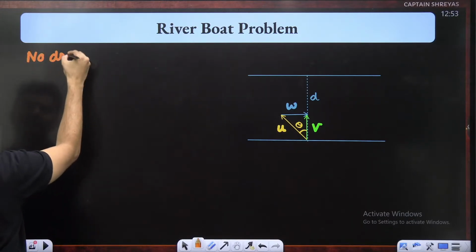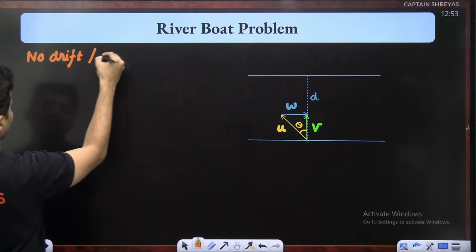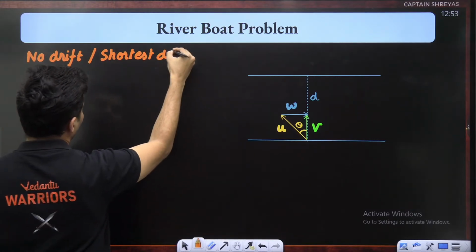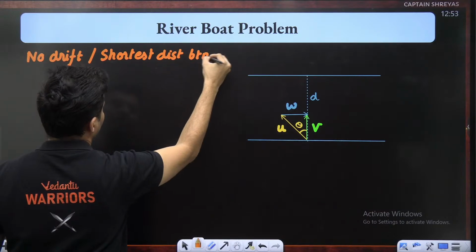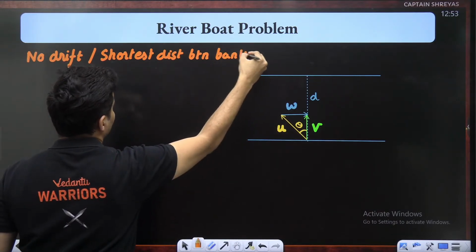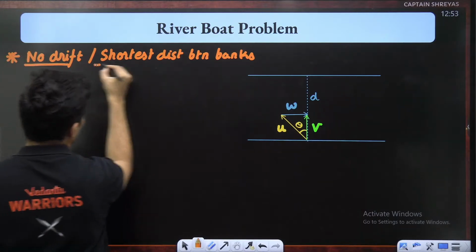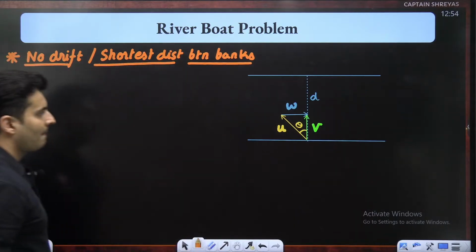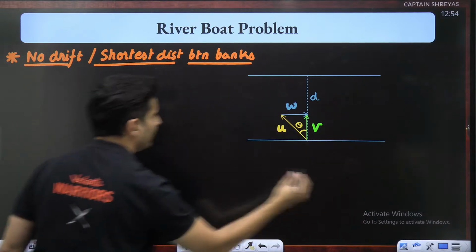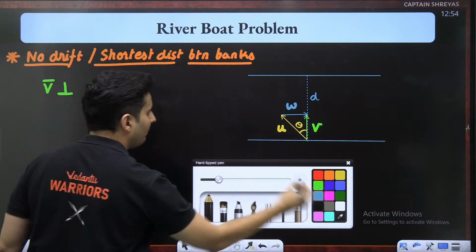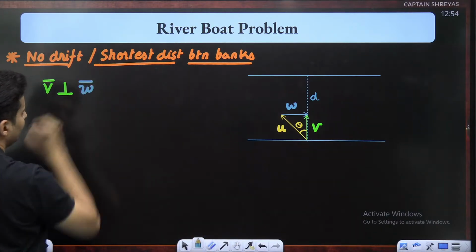This situation is also called the no drift case, or basically the shortest distance between the banks. This is that particular special case which you should know. In such a scenario, like I said, the resultant velocity is going to be perpendicular to the flow of the river.